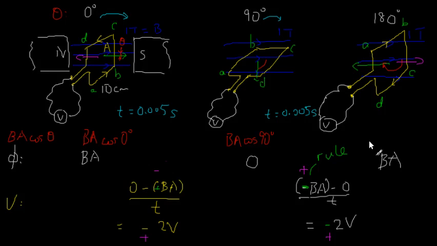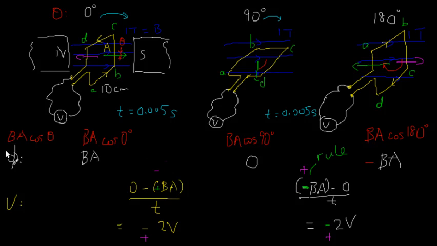And when theta is 180 degrees, we have BA times cosine 180 degrees, and cosine 180 degrees is minus 1, so we have a minus sign here, which agrees with the rule that we made up just now.